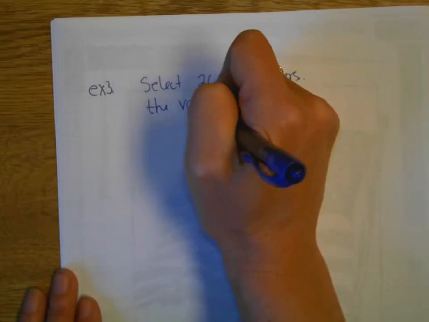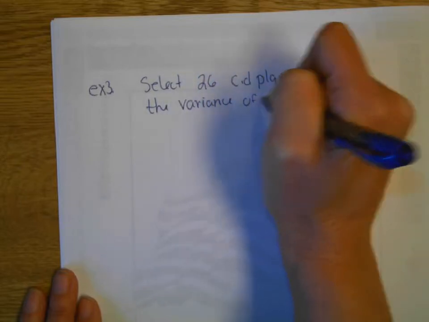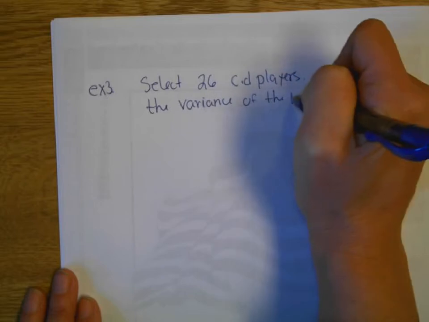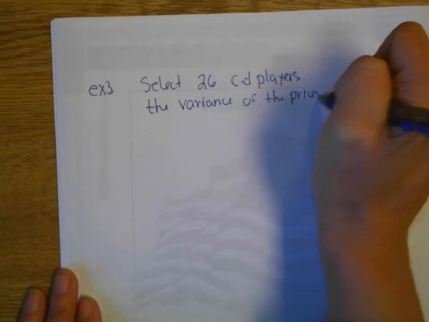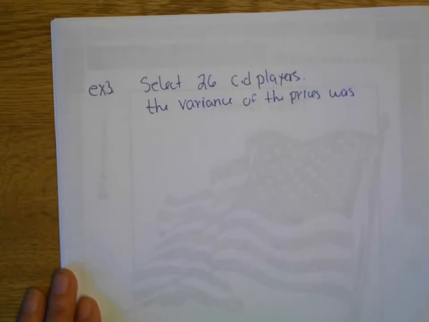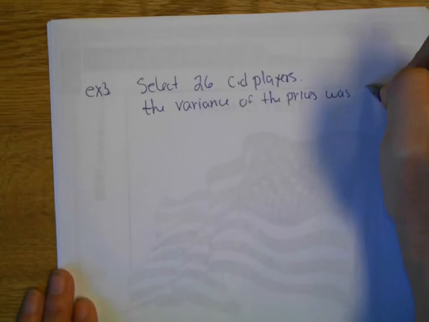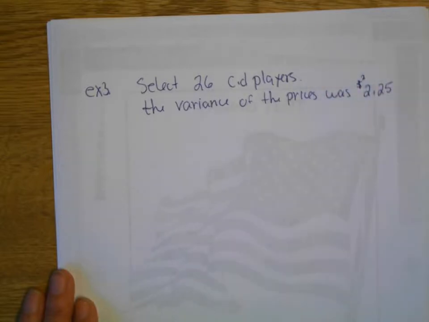The variance of the prices was 2.25 squared dollars. Yep, because it's variance, that has units squared.